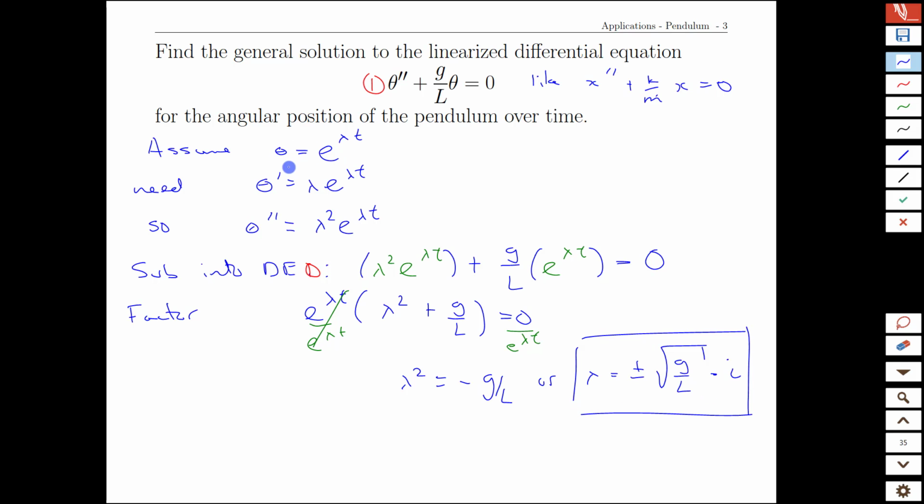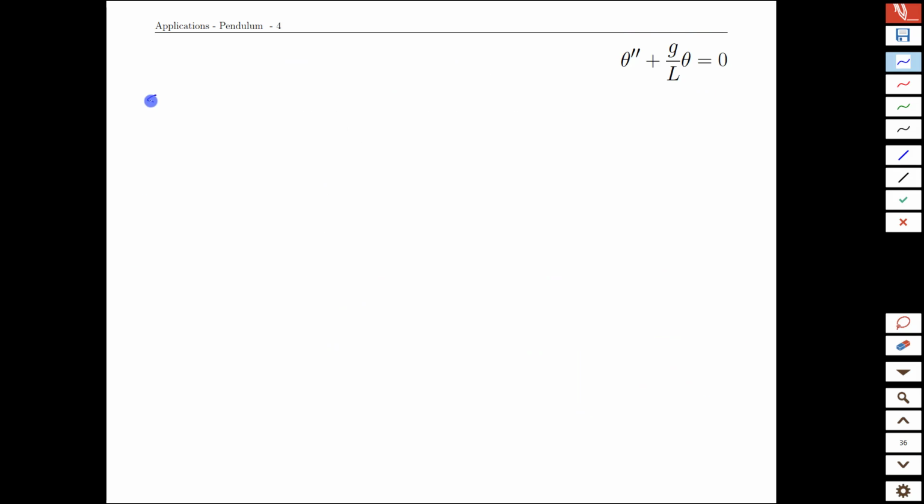We go back to our solution form, which uses that lambda. So whatever our angle is as a function of time is going to equal e to the this over time. So we actually have two solutions, theta 1 of time, which is e to the negative square root g over L i times t, and theta 2 of time equals e to the positive square root g over L times i times time.